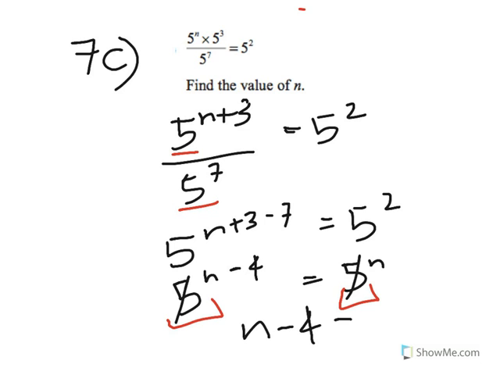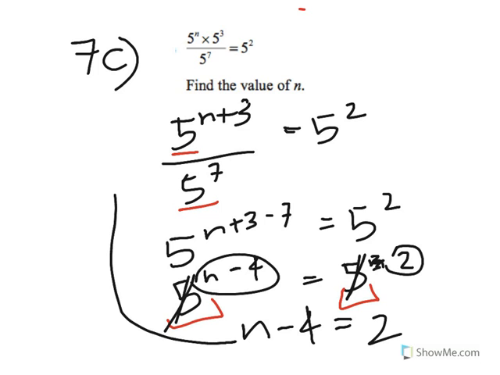So n minus 4 is equal to 2. Add 4 on both sides, so n is equal to 2 plus 4, so n is equal to 6.